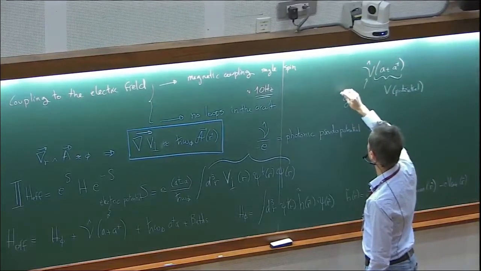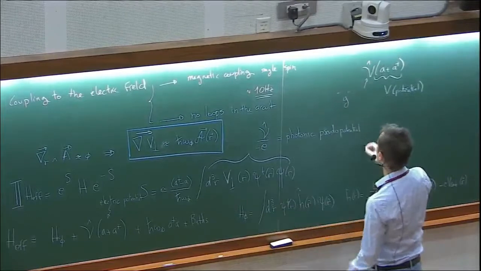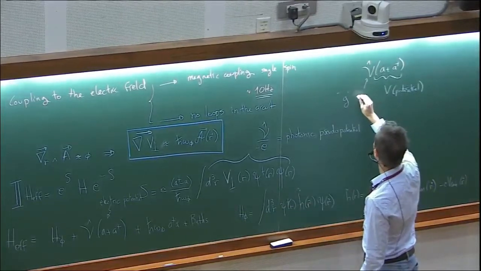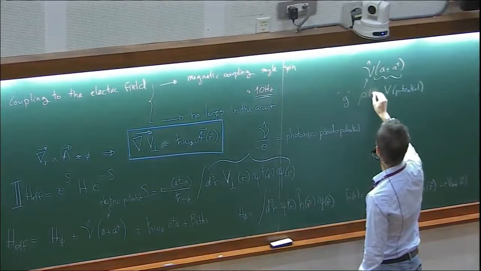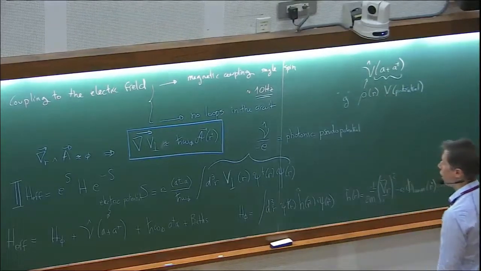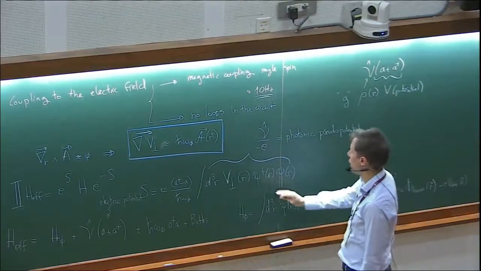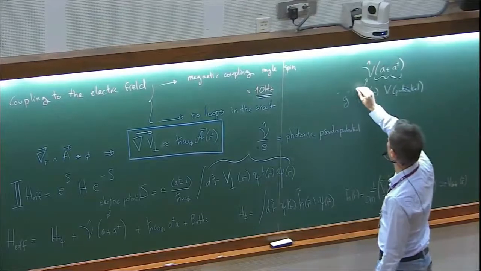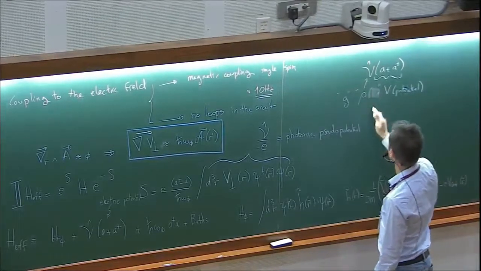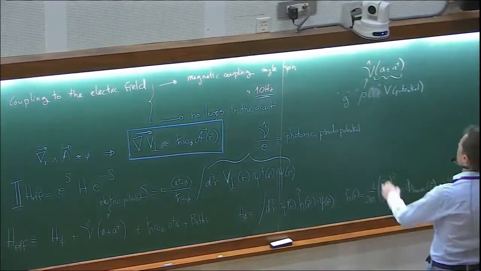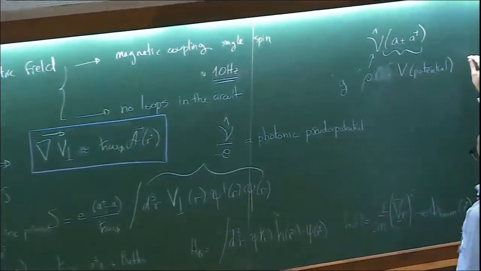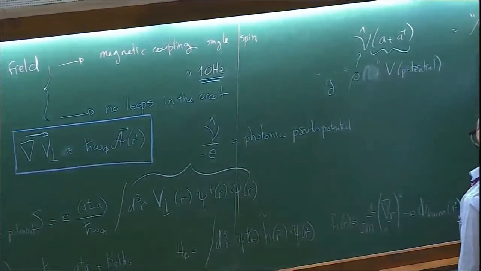I put quotes because for the moment it depends on the space coordinates, but there is a very simple interpretation: you have the coupling times the density, so this term is a rho V-like term.